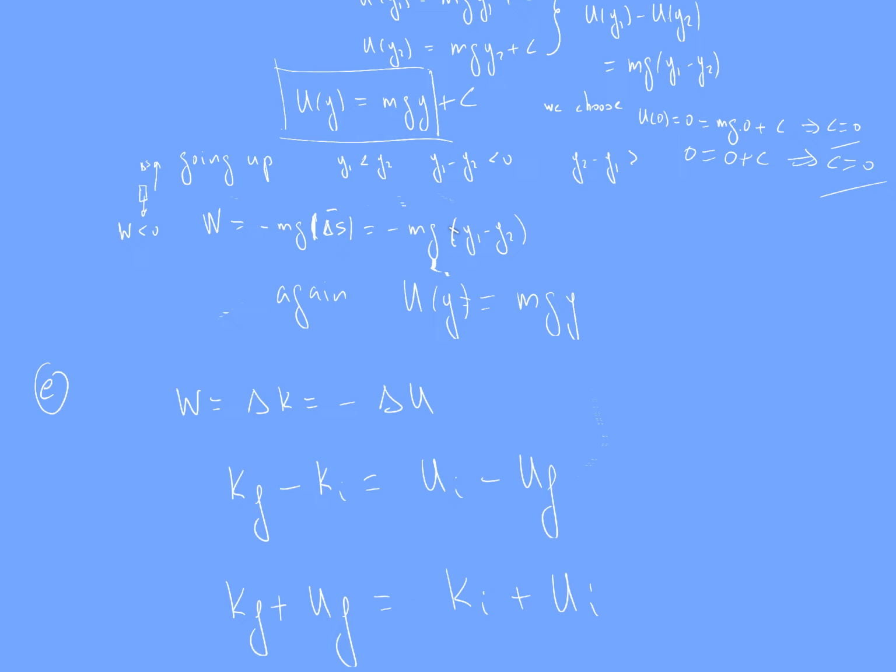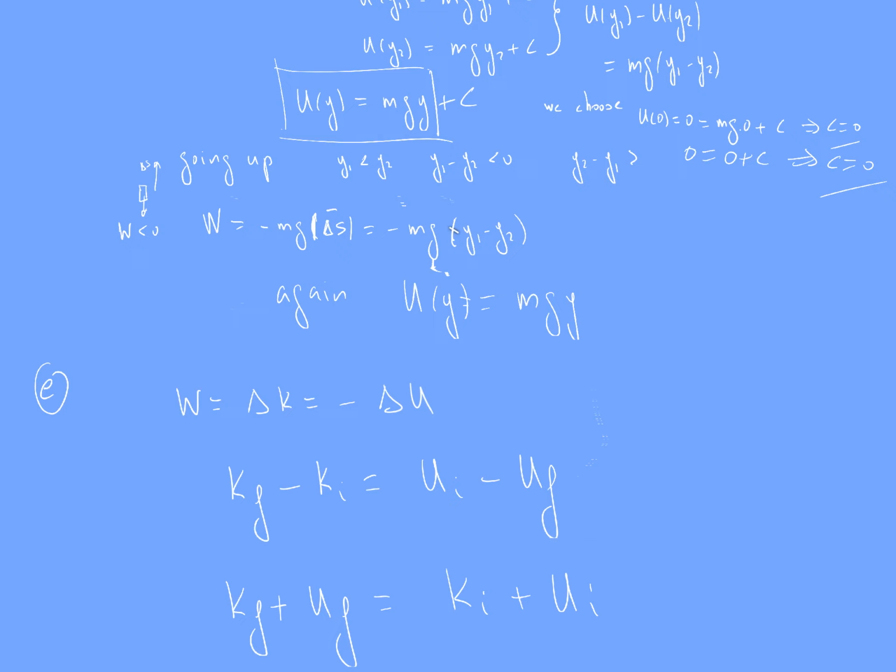So this means that the force that I have to write is minus mg by the magnitude of the displacement. But the magnitude of the displacement is y1 minus y2, which is negative because y1 is smaller than y2.